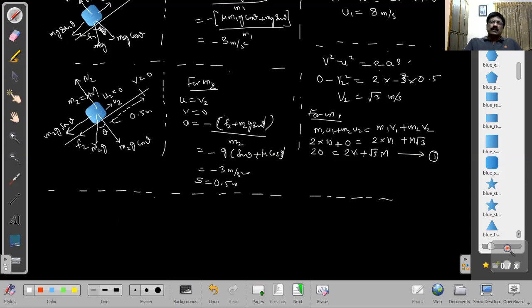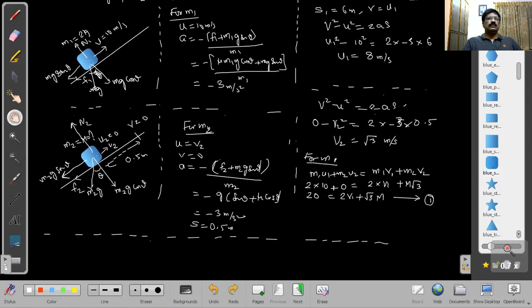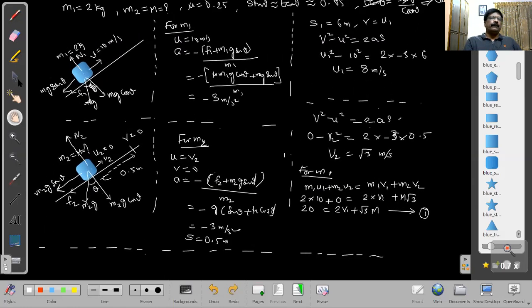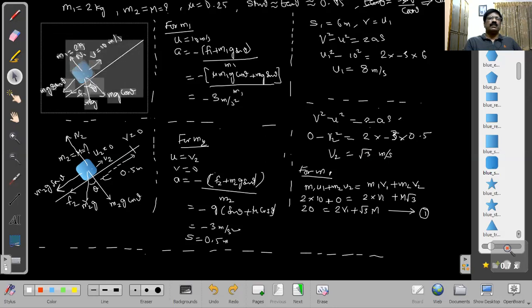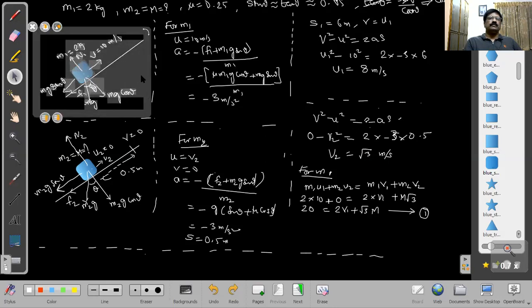Okay, you see, for finding v1 we are given one more piece of information. After collision the block comes down and passes through the same initial point. Of course, this diagram is there already, but I will bring this diagram again.